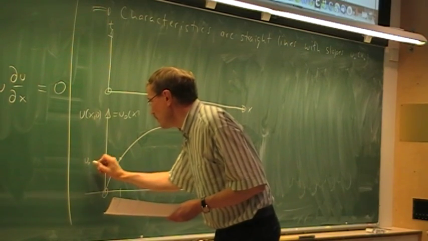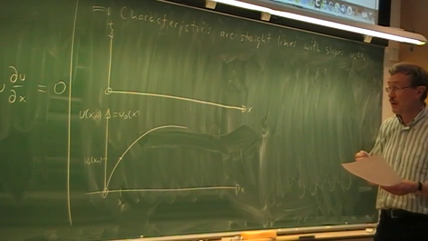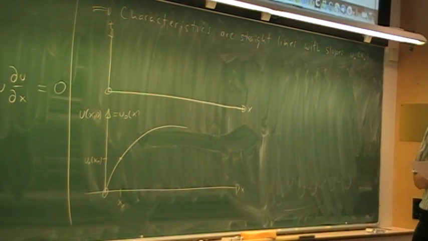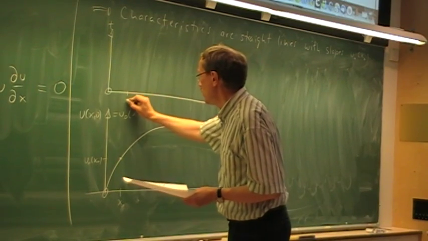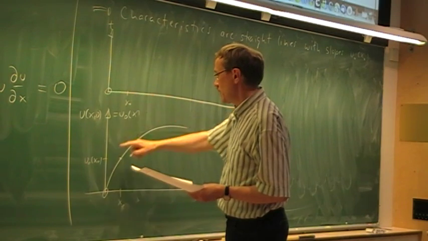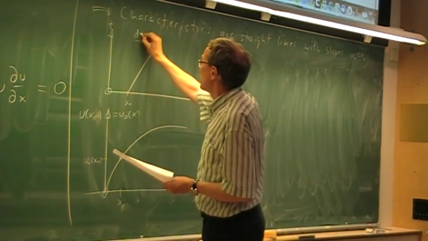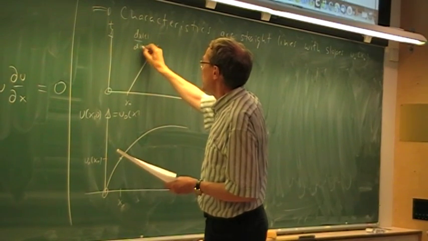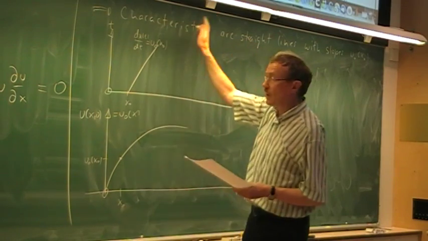That would be the u0 of x0, which would be the slope of the characteristic at that point. So dx(t)/dt would be the u0 of x0. So it would simply be constant.